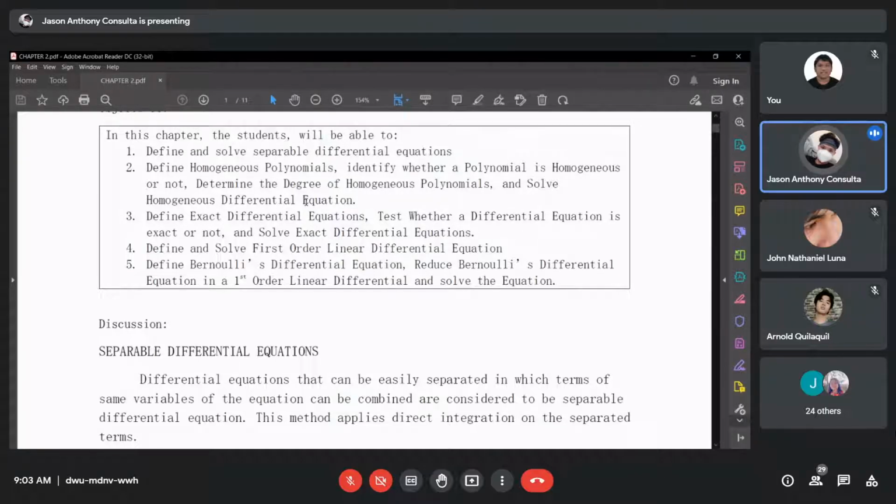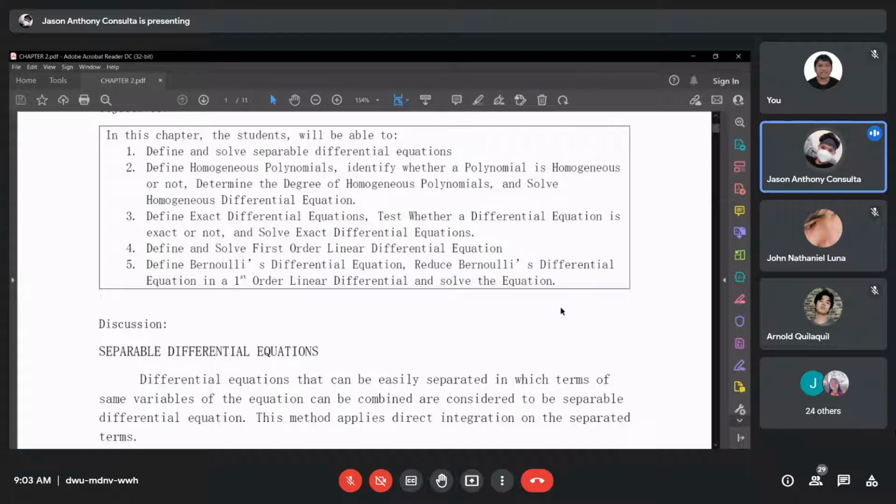Today, we are going to discuss the separable differential equation or the variable separable, the homogeneous differential equation, and the exact differential equation. Testing whether a differential equation is exact or not, then solving the equation.